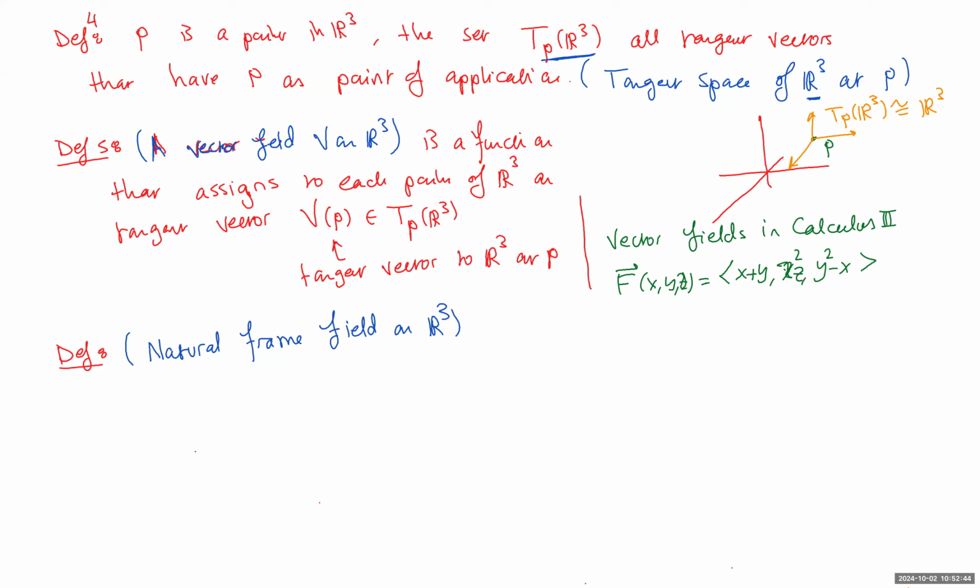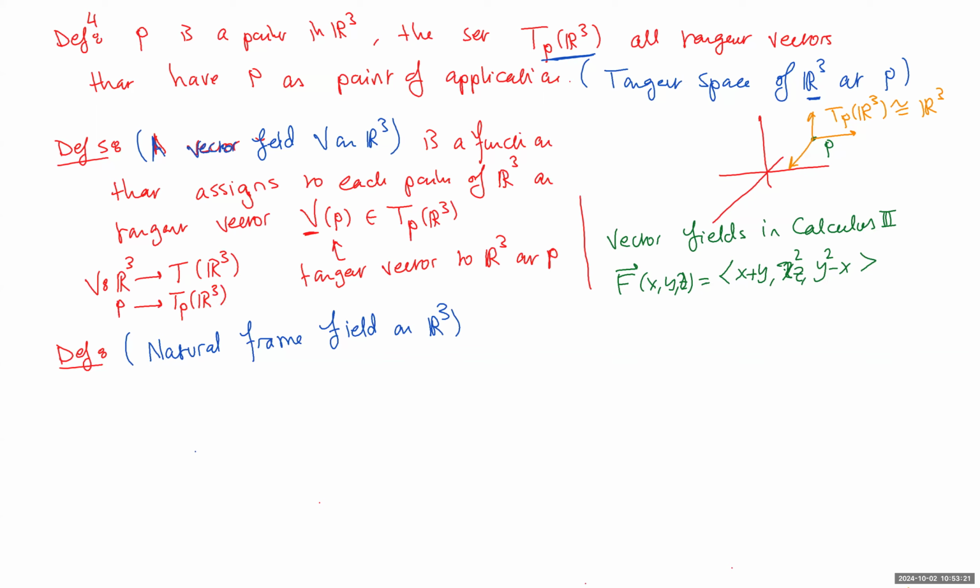Because in their definition, the vector field V, if we want to write the arrow notation, is going to be R3 to the tangent space of R3. The point of application P is mapped to an element in the tangent space of R3.